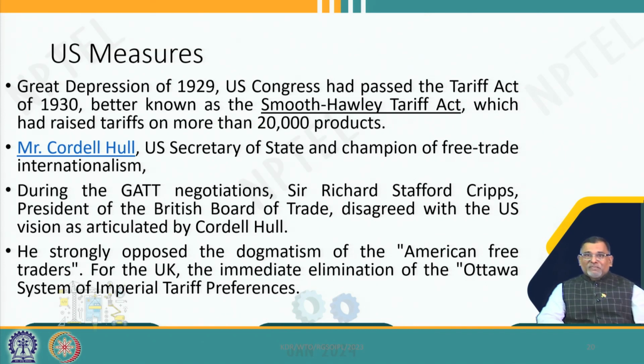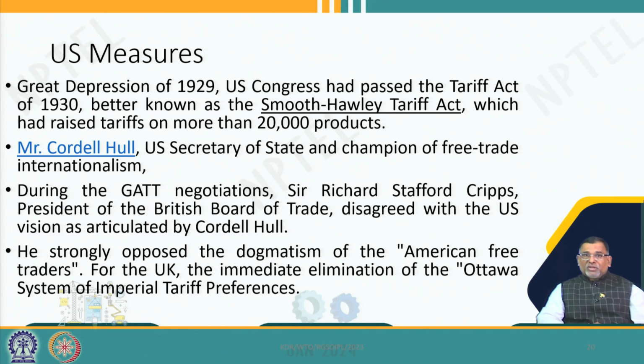At the same time, the main negotiator of international trade from the UK, from Britain, was Sir Richard Stafford Cripps, who was then the President of the British Board of Trade. He participated in all the conferences for the liberalization of trade. Actually, he opposed the US position of American free trade.